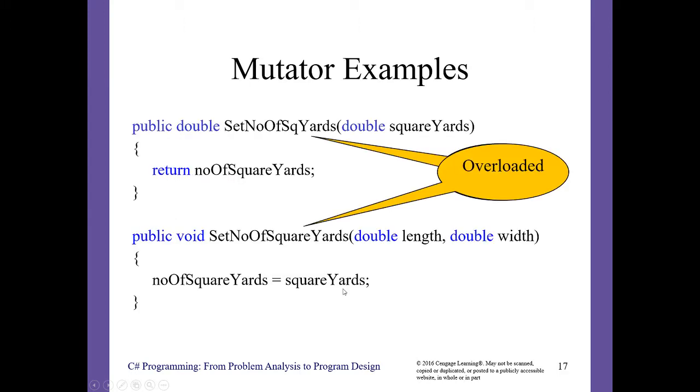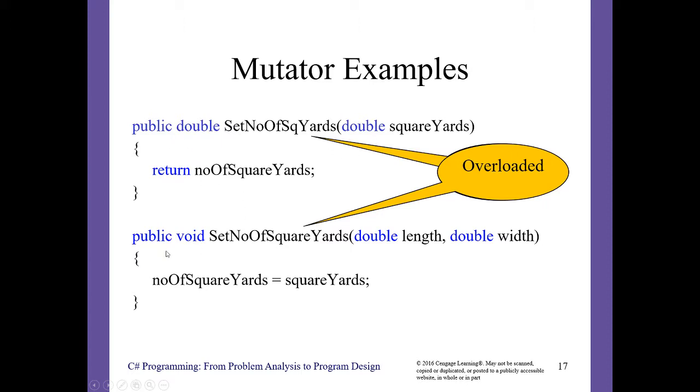Here are some examples. Whenever we're working with a setter, we always receive a parameter that is some sort of value to use in this setting operation. In this first example, we have a method called set number of square yards that expects a double value to be passed to it, which is the number of square yards, and it returns a value. So this one doesn't do a lot of work, does it?